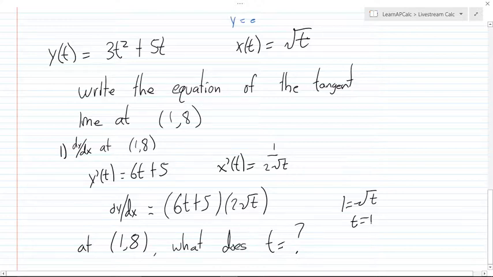And just to show you, we'll get the same thing if I do it for y of t. So here we've gotten that t equals 1.